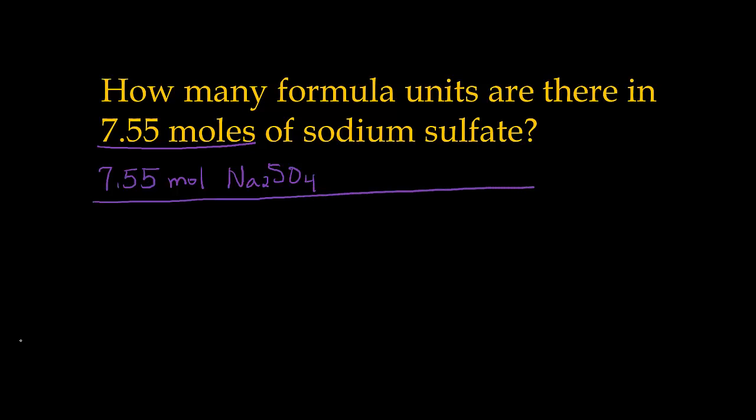And we want to end up with formula units, okay? I'm not going to write formula units, I'm going to abbreviate it, and that is FU. Na2SO4. Now I need to get rid of this moles of Na2SO4, and in order to do that I need to put it on bottom because I've got one on top. Put it on bottom.